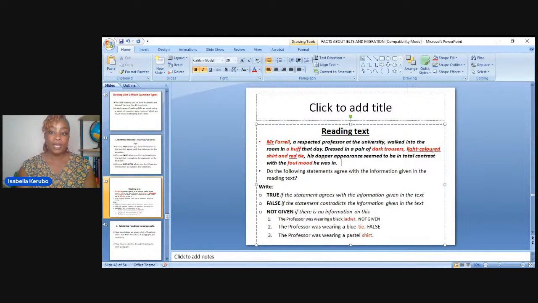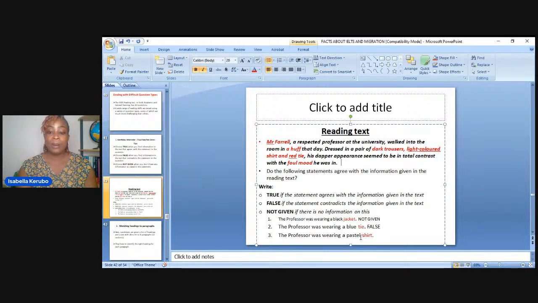Here the vocabulary word pastel refers to light colored clothes, light colors, and here we have the light colored shirt.